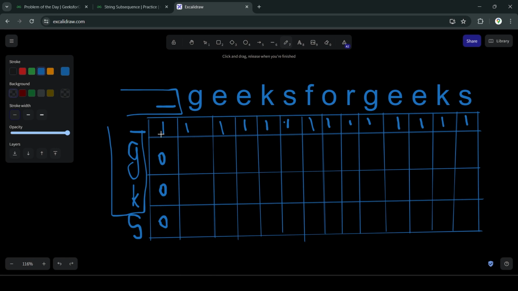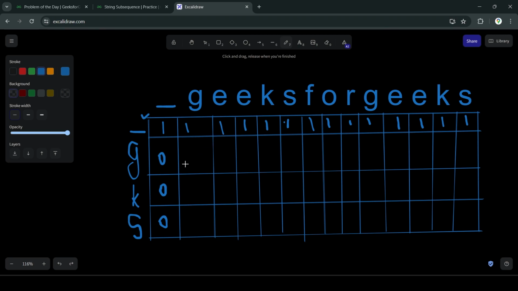So the base cases are clear to you, hopefully. For the initial row, all the values will be initialized by 1, and for the column, it will be 0 except the first one, because obviously this null and this null make a valid subsequence.